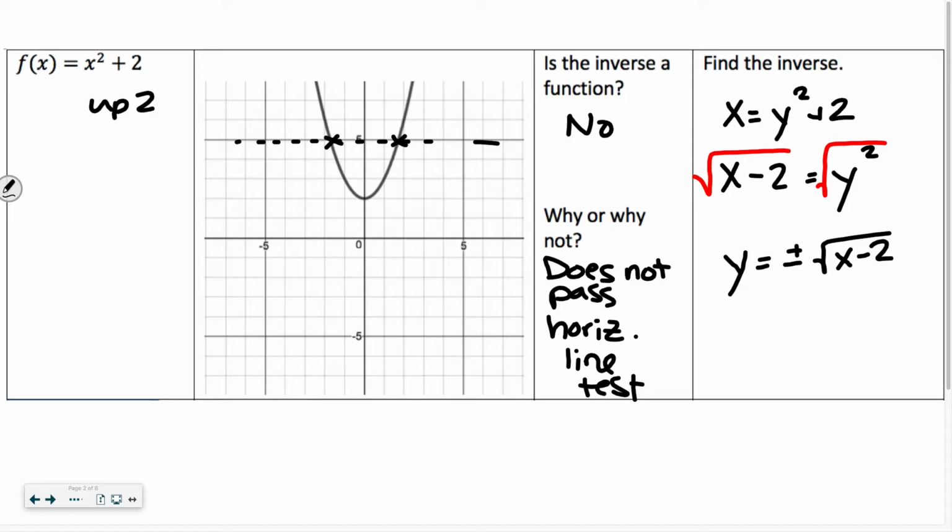So instead of having half of a parabola, you'll have a whole parabola. It's a parabola that opens left. The inverse is a parabola that opens to the right. That, spell today, opens to the right.